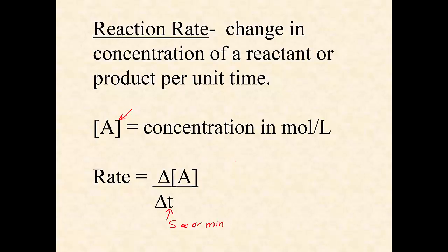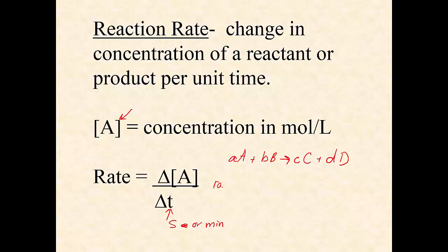Let's do a shorthand, a sum-up of looking at the reaction. If I have A plus B going to C, let's be very generic here. What I know then is these rates, we want to know how they are going to change.